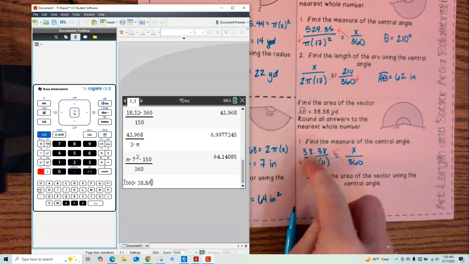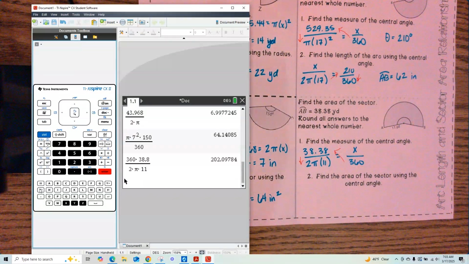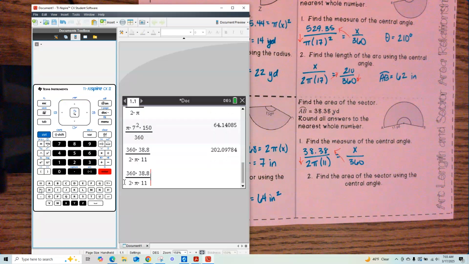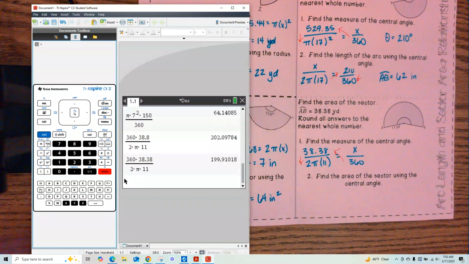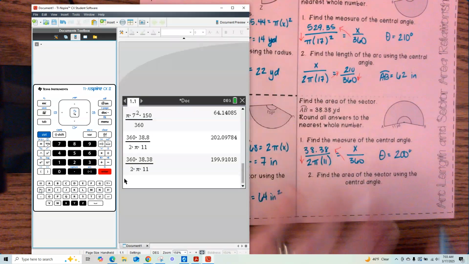And again, this whole piece, I'm going to give it its own set of parentheses. Oh, I got something different last time I did this. Oh, I see what I did. 38.38. There we go. They should all come out where you're rounding a 9 up. So the central angle is 200 degrees.